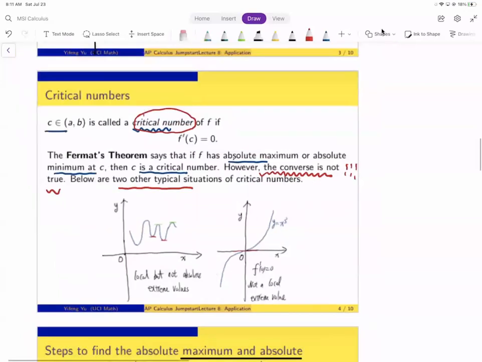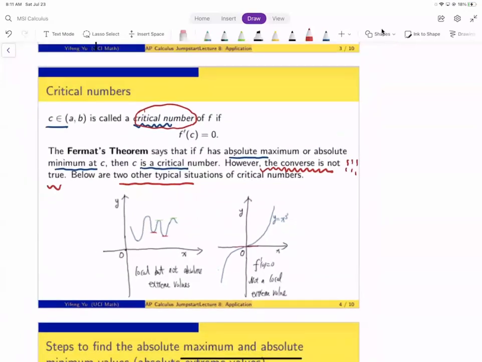Now look at the first picture. This is the absolute maximum, and this one right here is the absolute minimum.